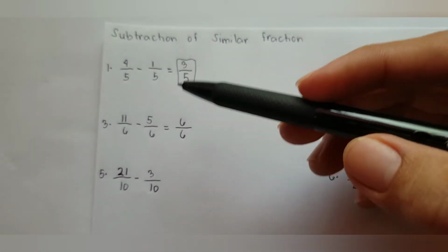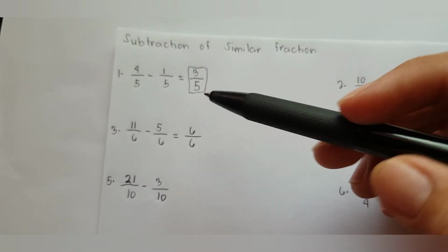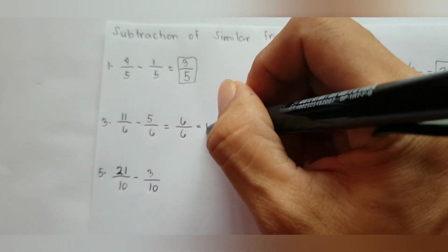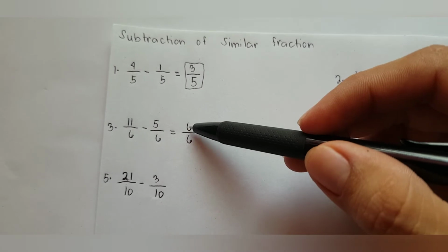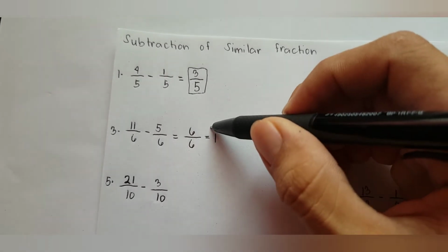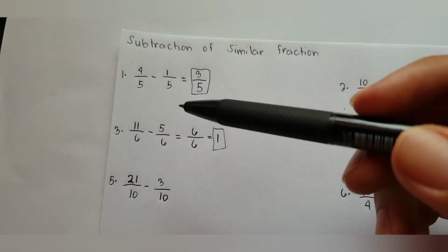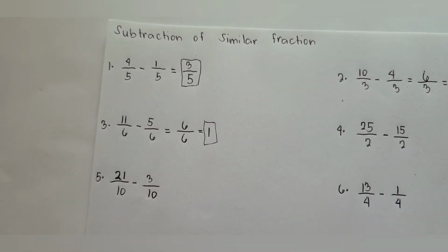Since we can simplify 6 over 6 to lowest term, our final answer will be 1. Where did we get 1? 6 divided by 6 is equal to 1. So our final answer is 1 for example number 3. We can tell that 11/6 minus 5/6 is equal to 1.